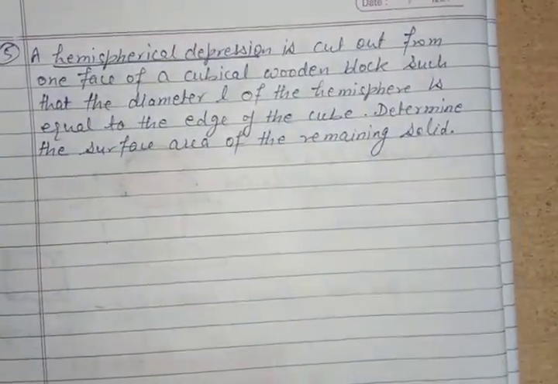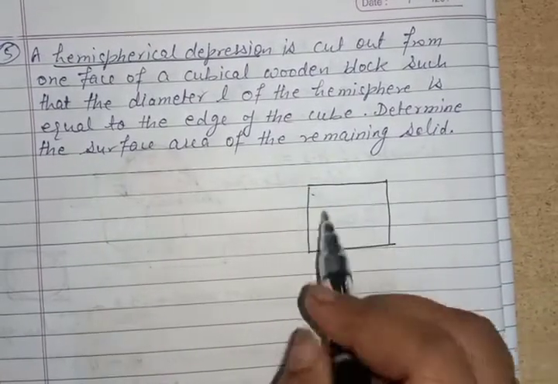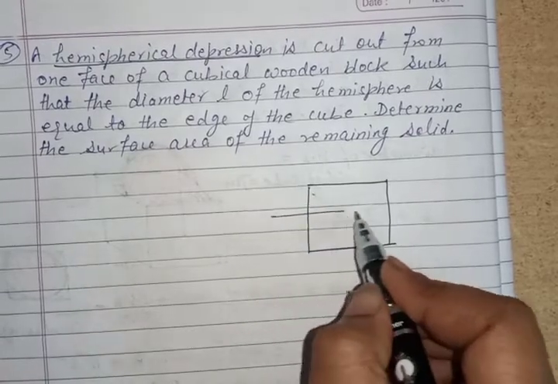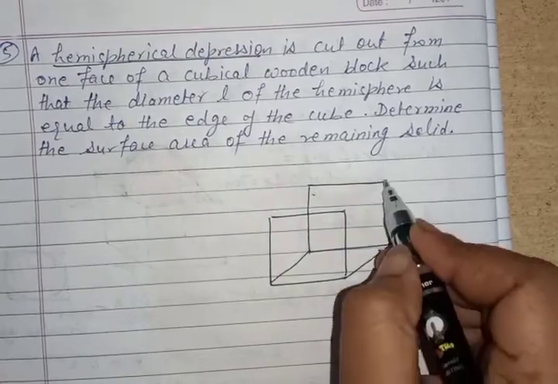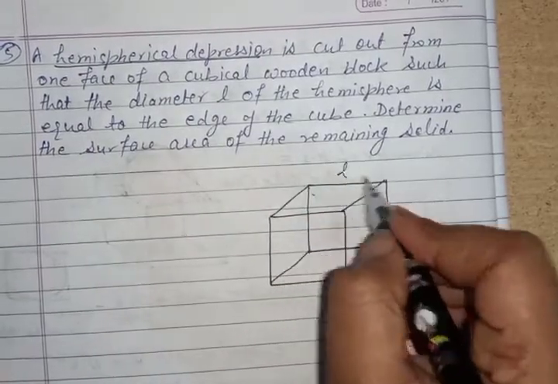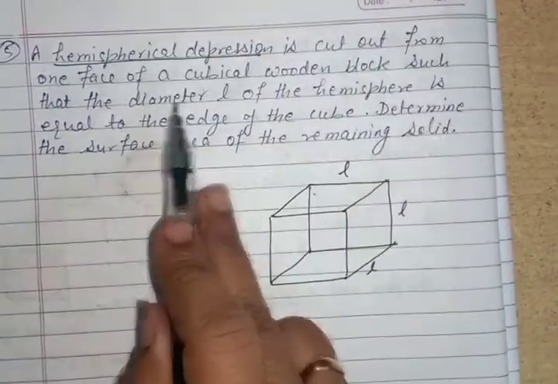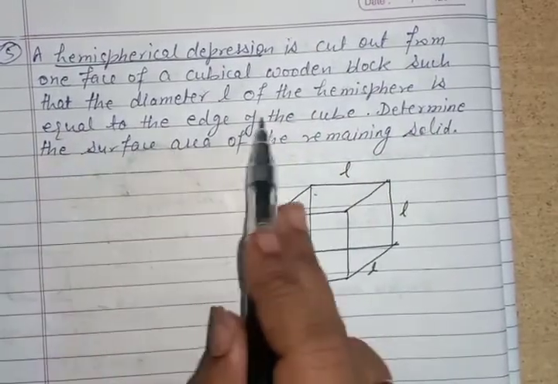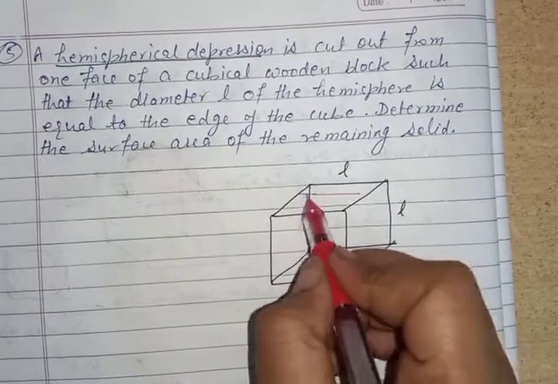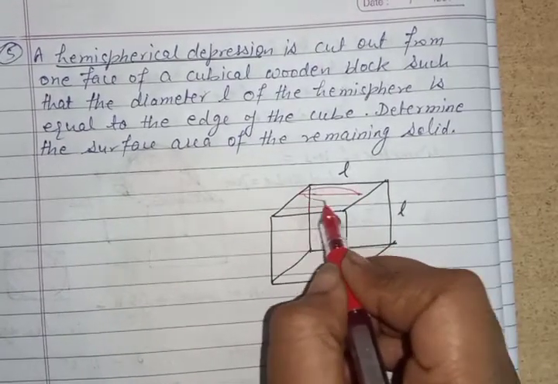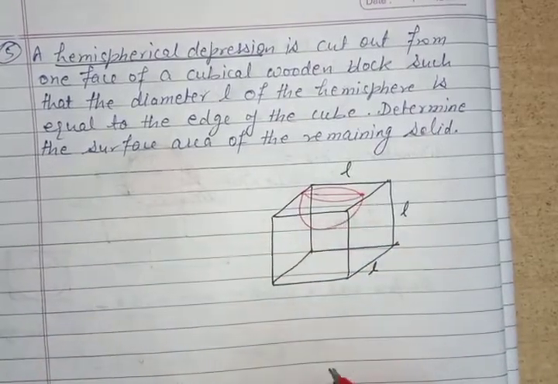The same figure, a cubical wooden block whose side is L. This time it is L, not 7, and diameter of the hemisphere is equal to the edge of the cube, and if this is the side, then this hemispherical depression we are taking out.